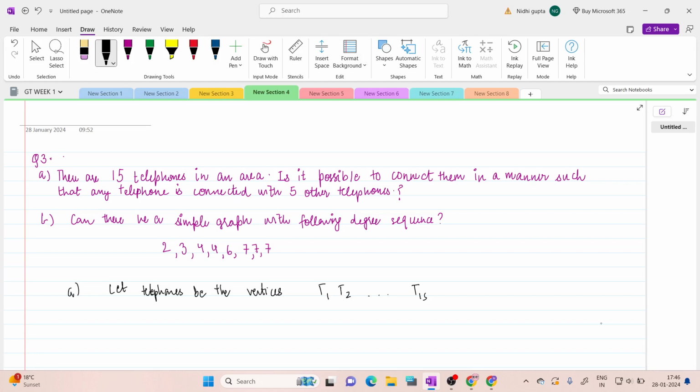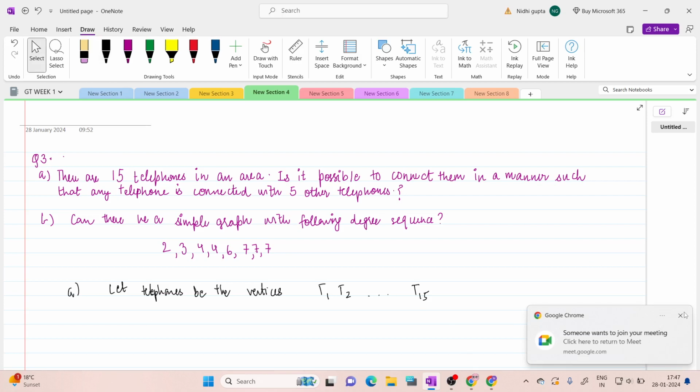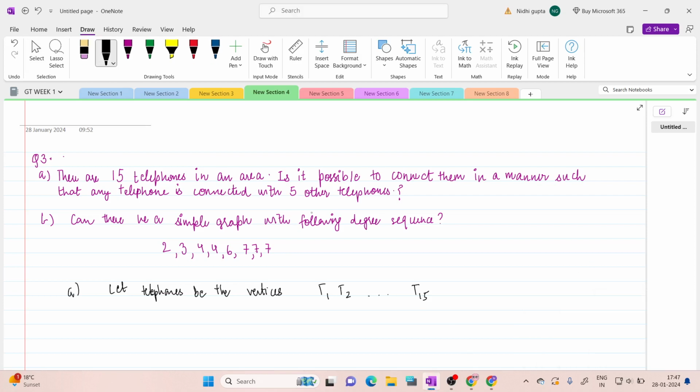And what are the edges? The connectivity among the telephones. So we say TI, TJ is an edge if TI and TJ are connected.